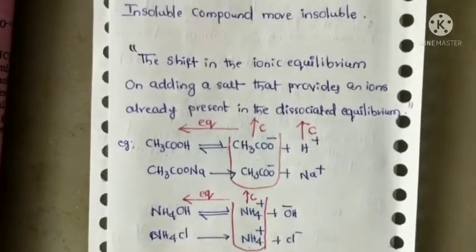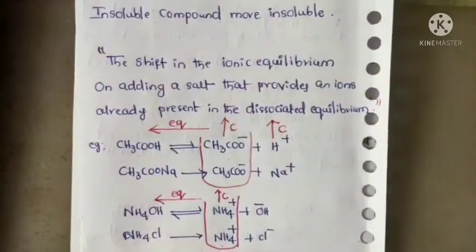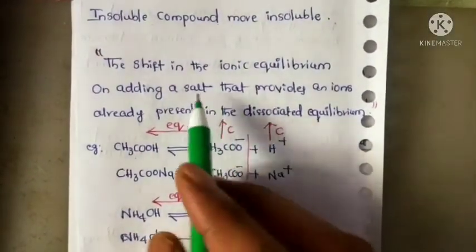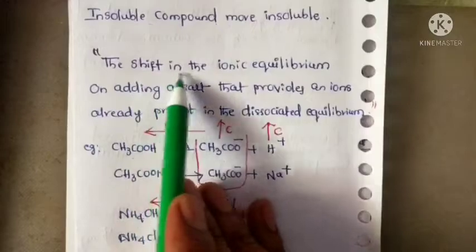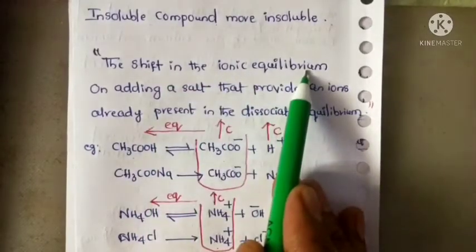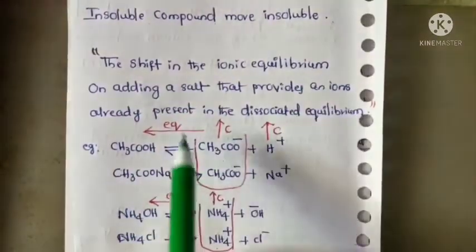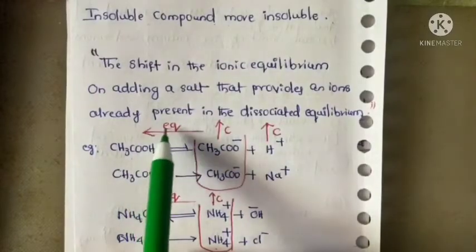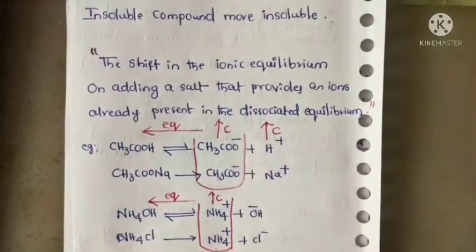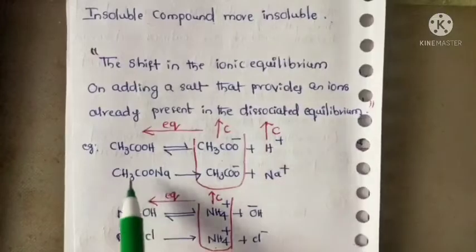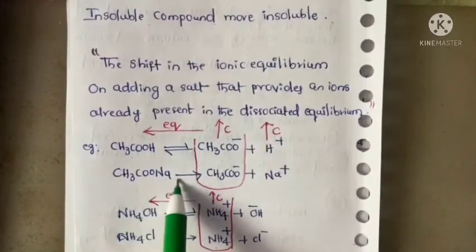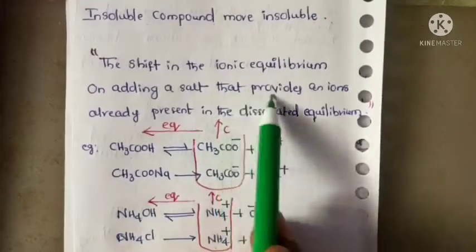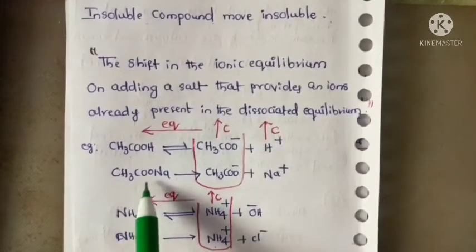Once again, I explain the definition. Please understand: the shift in the ionic equilibrium, like this, shifts towards the left side on adding a salt. Whenever we add the sodium acetate salt, it provides ions.